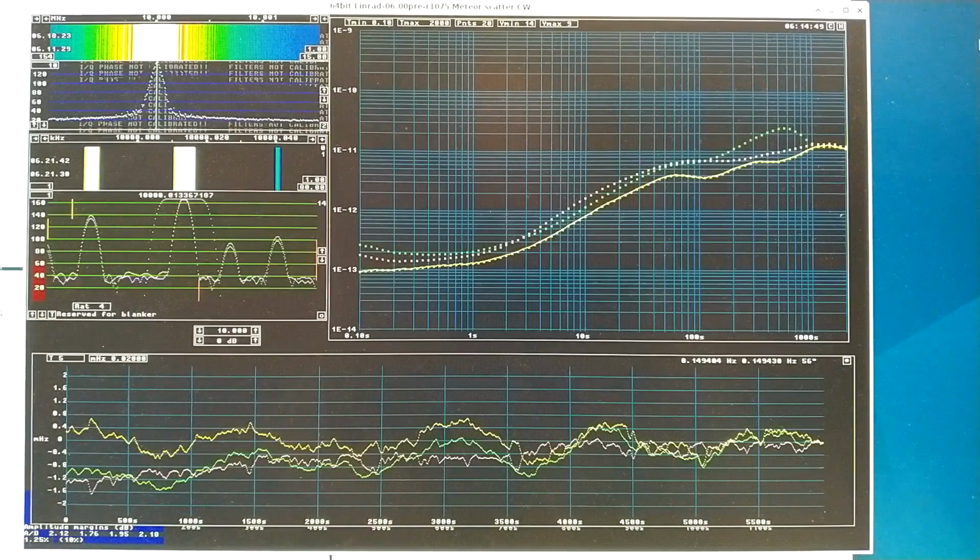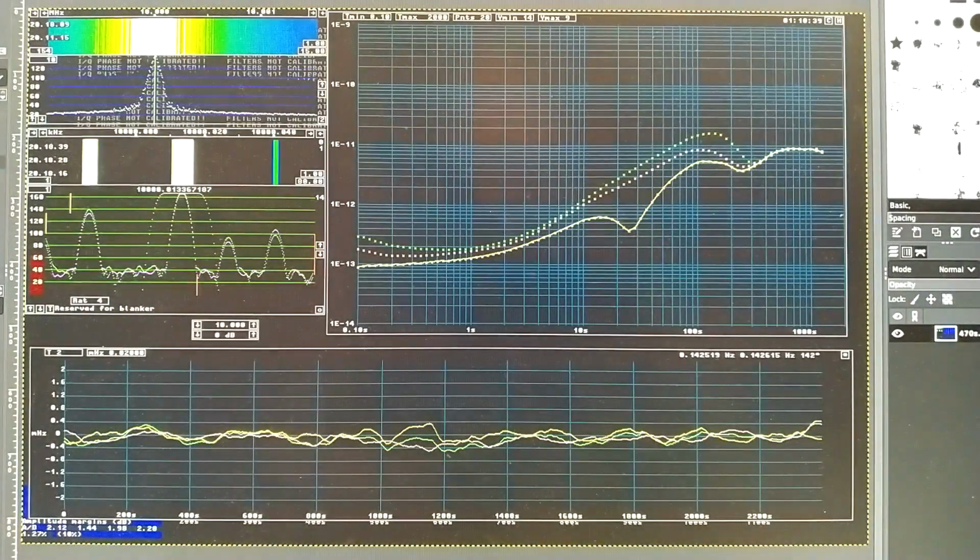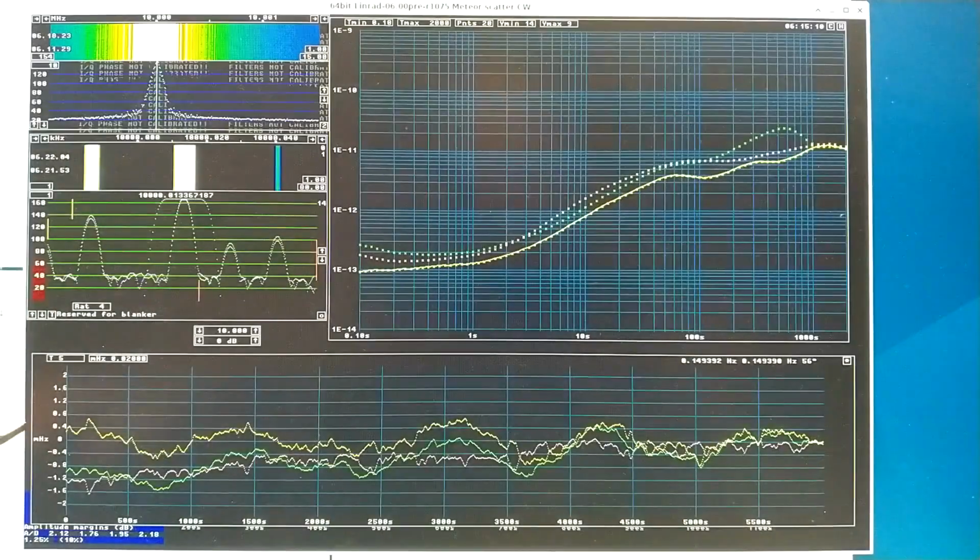I have also run with a shorter time constant, 4 times shorter here. And this time oscillations are not so pronounced. The time scale here is 2 seconds per pixel, while here it was 5 seconds per pixel.